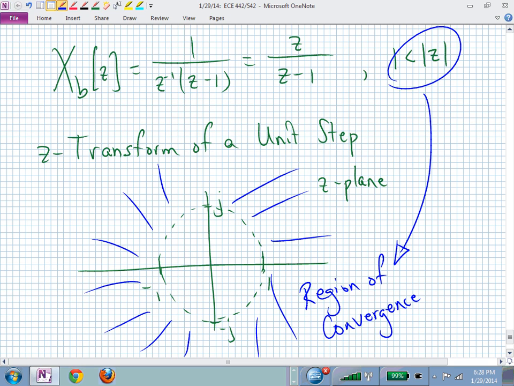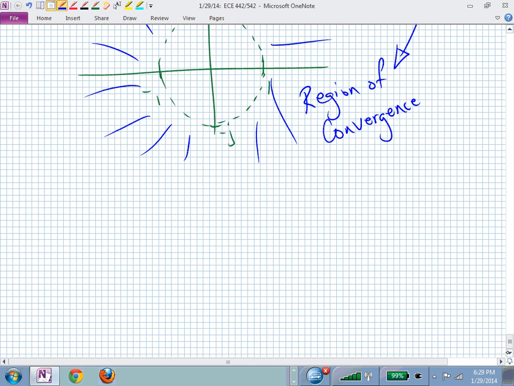And if I wanted to, I could now compare that with what I had in the continuous time case. In the time domain, I had something like that.